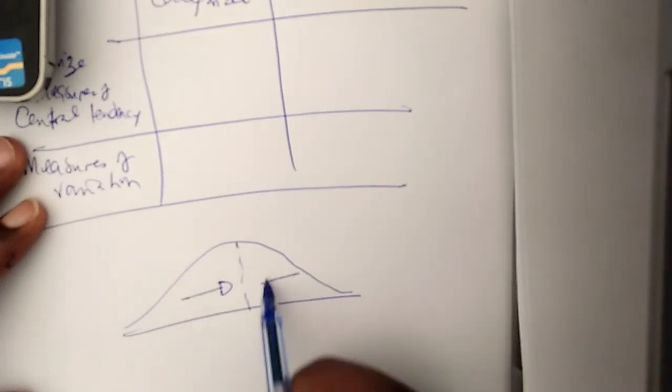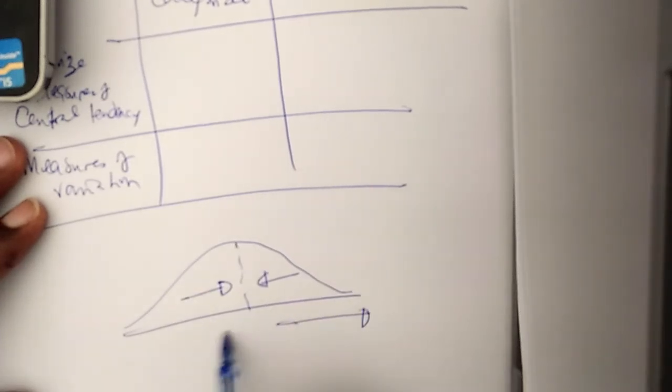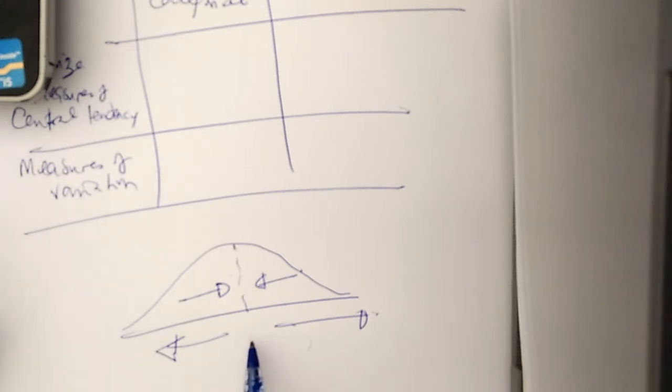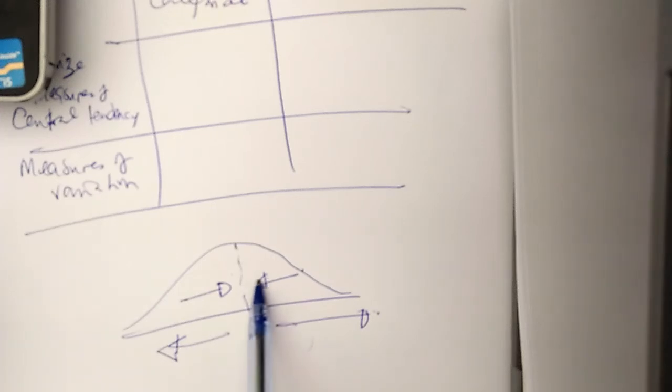Some values tend towards it, others tend away. So the measure of how values tend towards the center is central tendency, and a measure of how values go away from the center is measures of variation, or measures of spread or dispersion. Each has three names, and be familiar with them.